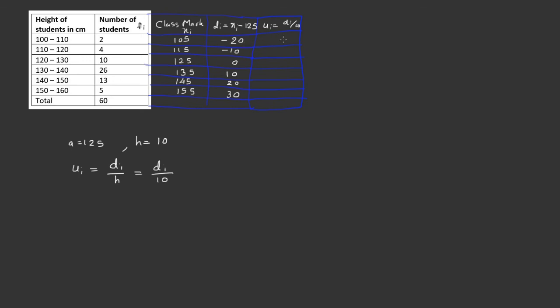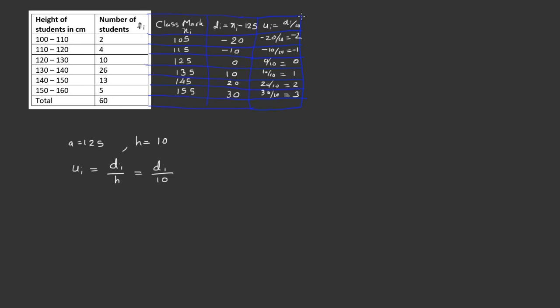The first case, minus 20 by 10, that is equal to minus 2, minus 10 by 10 is equal to minus 1, 0 by 10 is equal to 0, 10 by 10 is equal to 1, 20 by 10 is equal to 2, and 30 by 10 is equal to 3.